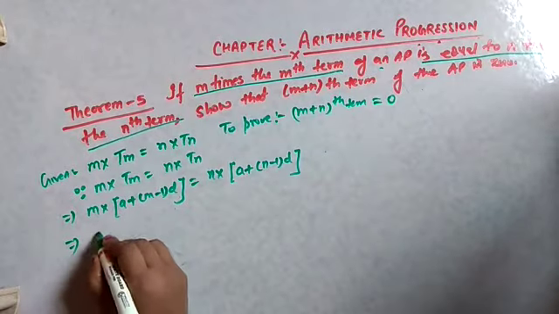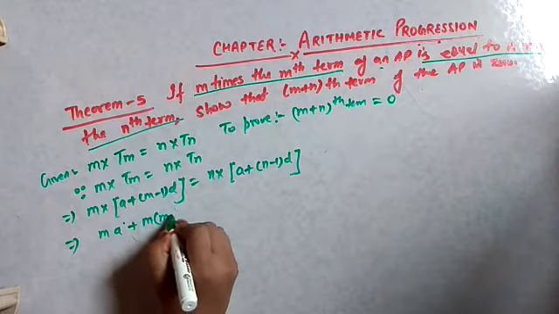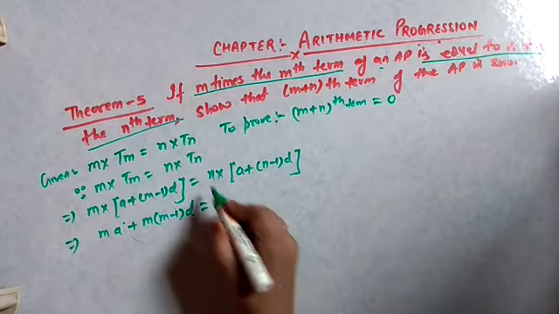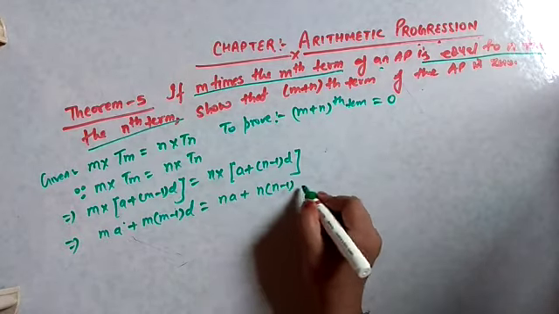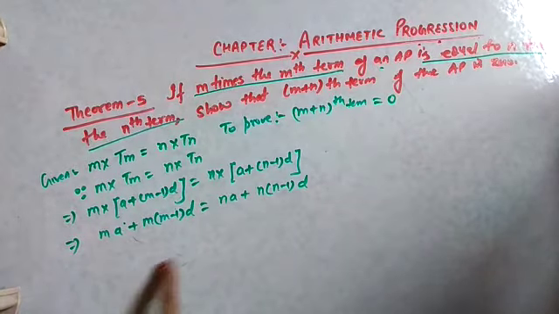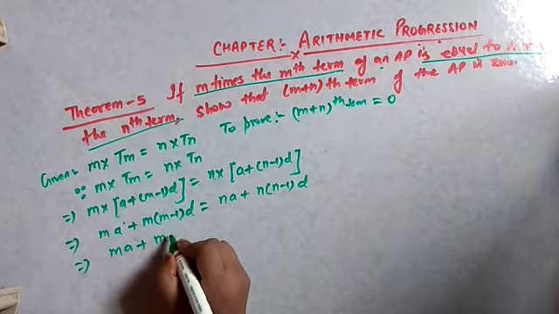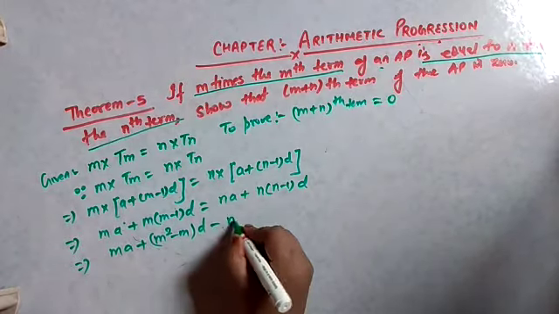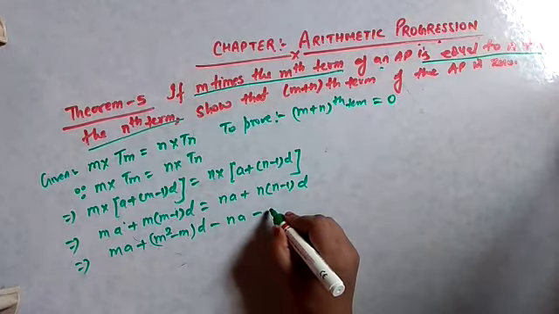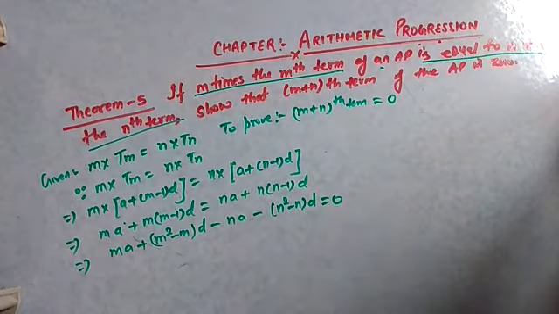So it will be ma plus m into (m minus 1) into d equals na plus n into (n minus 1) into d. Now we will take everything to one side. So see, ma plus (m square minus m) d minus na minus (n square minus n) d equals 0.